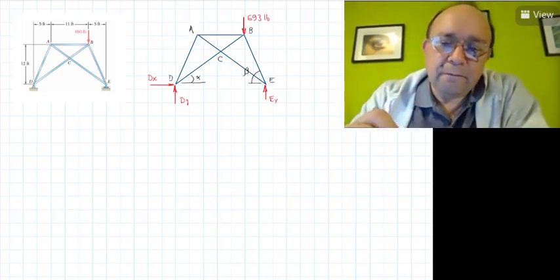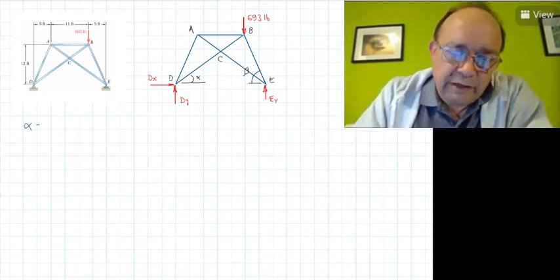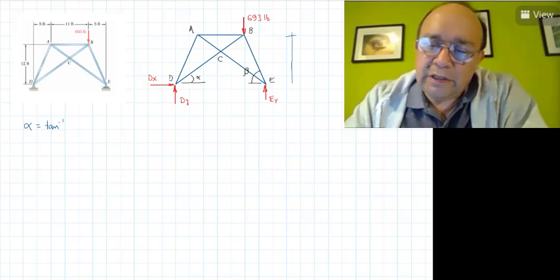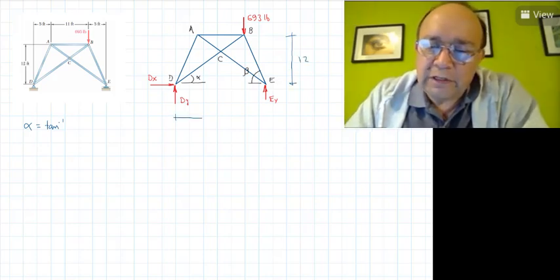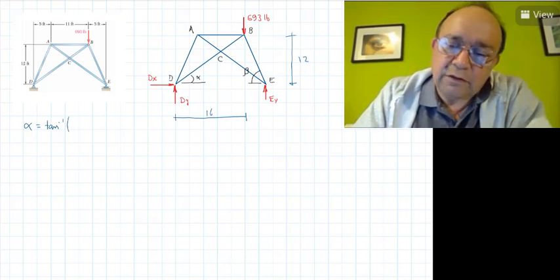Alpha will be defined as tangent minus 1 of this distance, which is 12, over this distance, which is 5 plus 11, 16. So it will be 12 over 16.